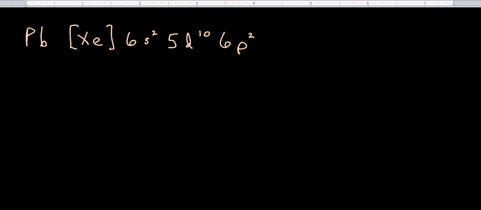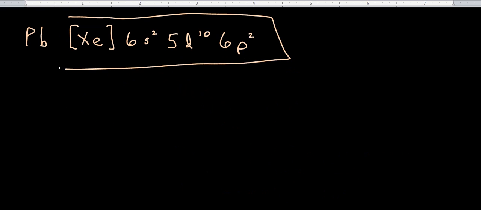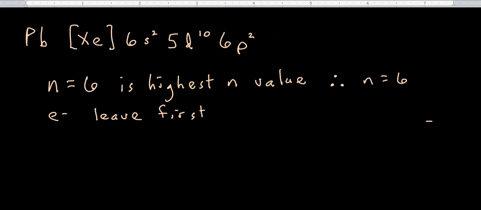Let's do another example with the element lead. The shorthand for lead's configuration is 6s2, 5d10, 6p2. Again, let's look for the highest n value electrons. In the lead atom, we can see n equals 6 for the 6s2, and also n equals 6 for the 6p2 are our highest n value.